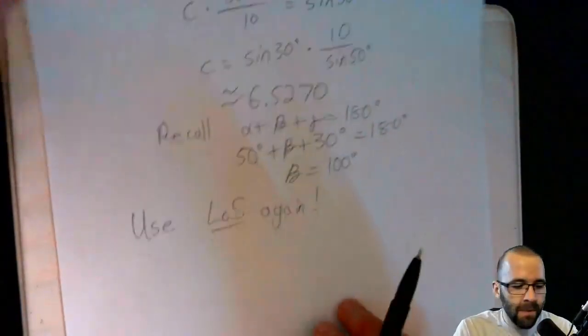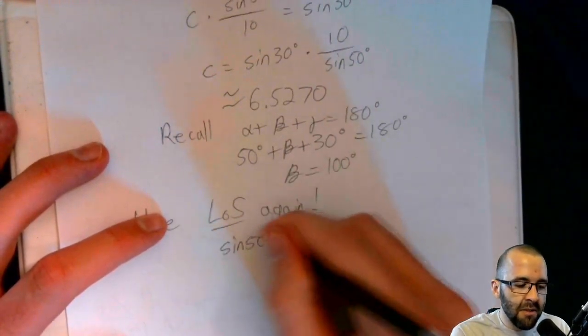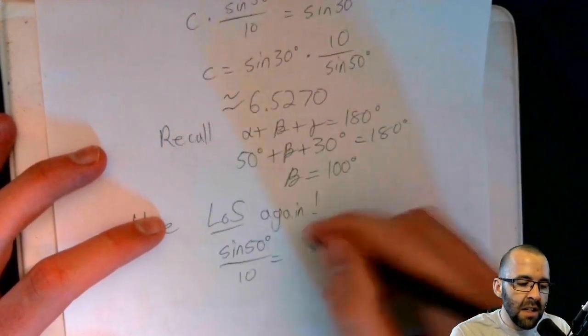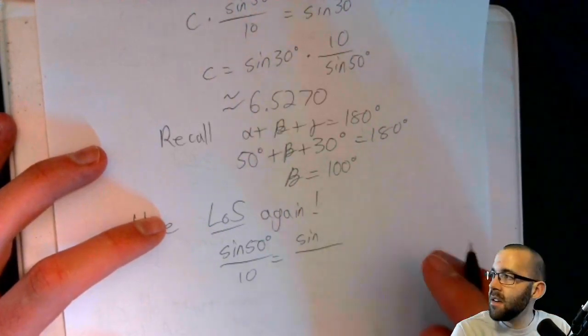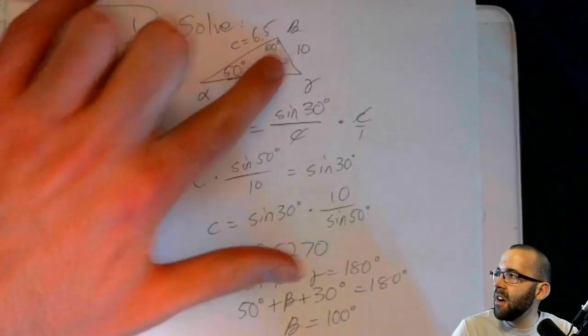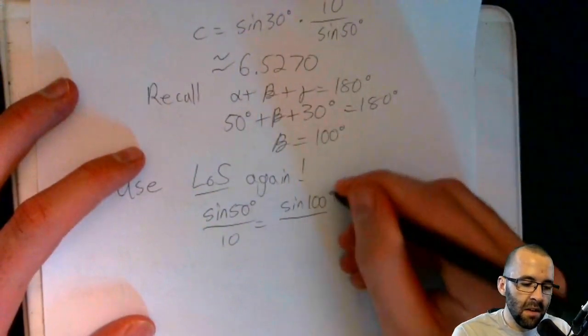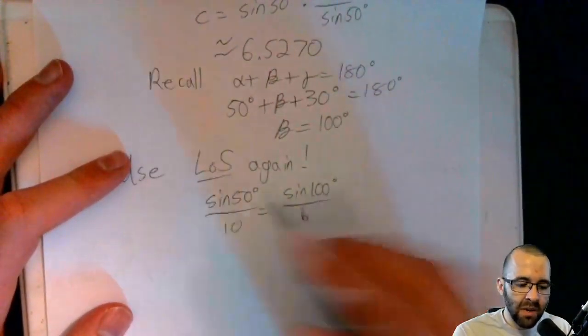Okay, so we're going to have the left-hand side for our law of sines be the same as before. Sine of 50 degrees over 10 equals the sine of an angle divided by the side. And remember, we want B, so we need to take the sine of 100 degrees divided by B. And again, we solve this the exact same way we solved it before.